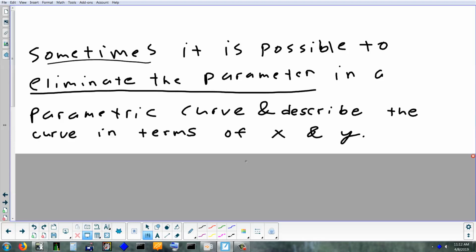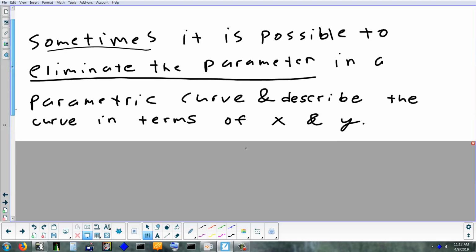I won't give you a problem and say eliminate the parameter if it can't be done. If I ask you to eliminate the parameter, it'll be a problem that is capable of being done. This is usually pretty easy. I think you won't find this is bad.